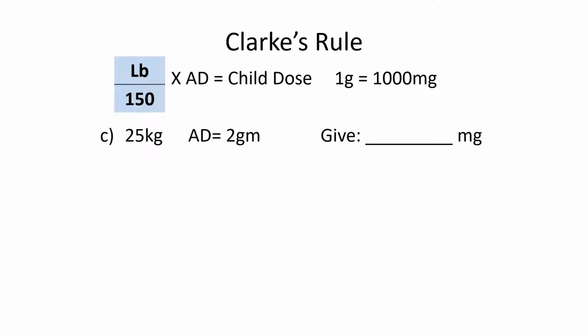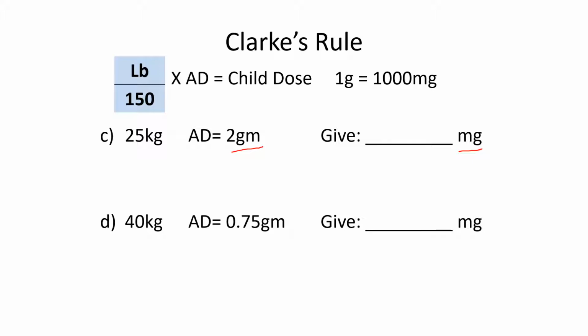Clark's rule. This time, the units aren't the same. So for this one, make sure you are able to convert into like units. What would you change the 2 grams into? How about the 0.75? Yeah, very good. So we'll use those numbers so our units cancel out. And we've got to be in pounds.